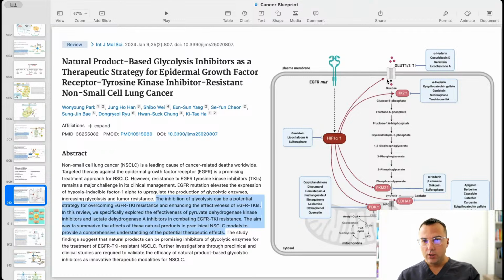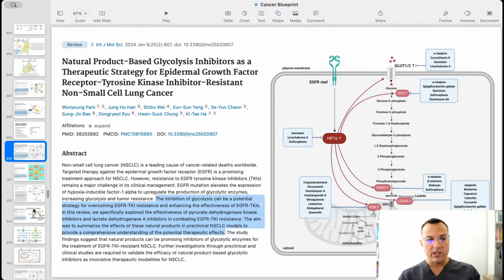We have glucose transporters, hexokinase, pyruvate kinase, lactate dehydrogenase and PDK, hypoxia-inducible factor 1 alpha. And you'll see a bunch of things potentially having an effect on that, or another grouping of things that have an effect on this, or vice versa, and so on and so on. And it gets a little bit dizzying at times.